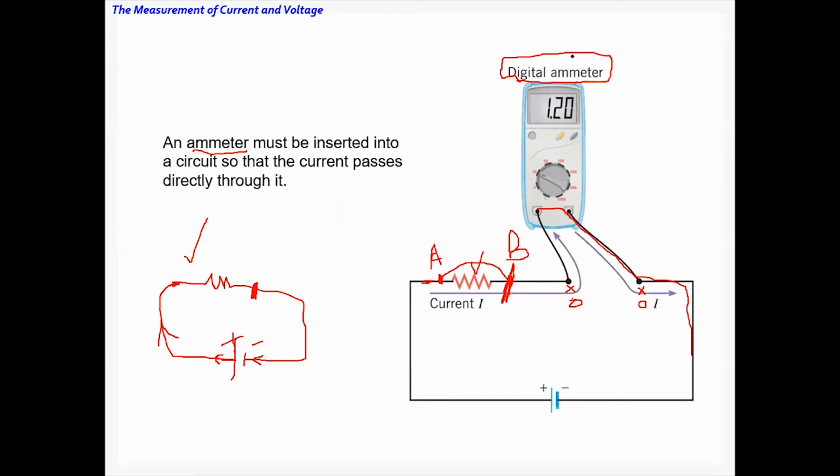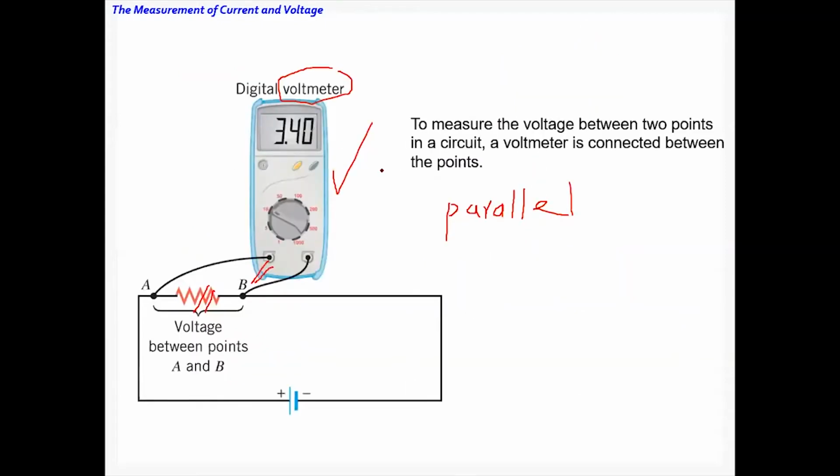That's why this ammeter is said to be connected in series. In this case, we call the connection series, S-E-R-I-E-S. So the ammeter is always connected in series. The voltmeter is always connected in parallel.